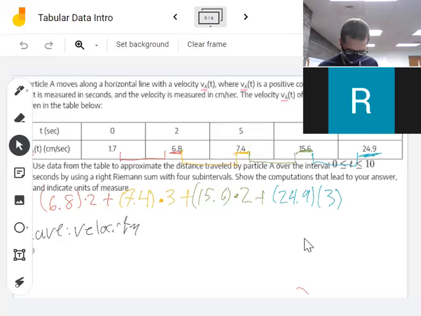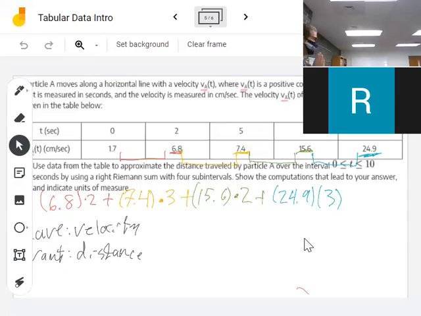We want distance. In order to get distance from velocity, we have to do an integral. But because we don't have an equation for the function here, we're just going to use Riemann sums to approximate the integral. Thank you for that question. That's good.